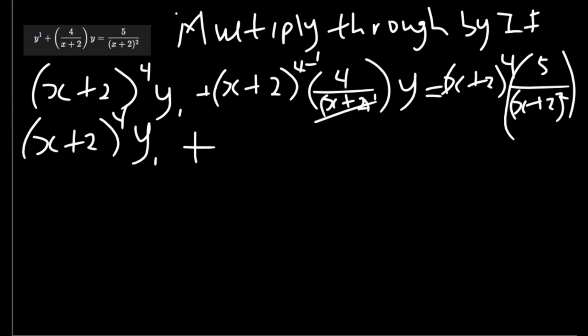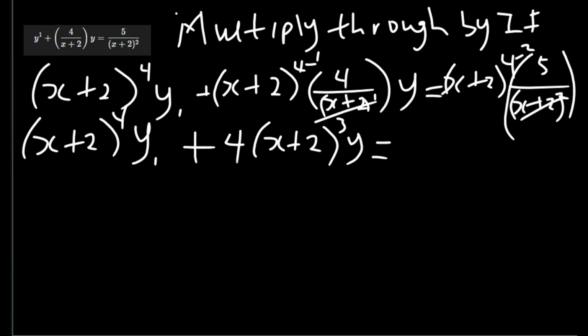So we get 4 multiplied by x plus 2 to the power 3, times y, is equal to, for this side too, x plus 2 is common, so we can simply subtract the powers.